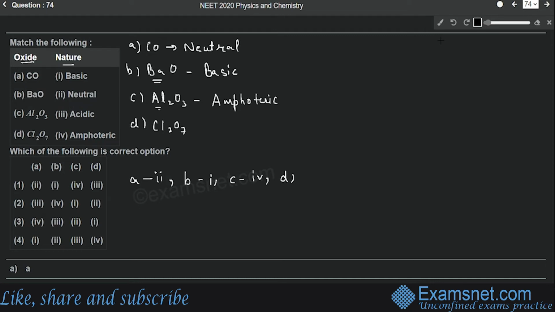Chlorine is a non-metal, so this oxide is acidic in nature. That means the match for D will be number 3. So out of the given options, which one will be correct? Number 1 will be the correct match. So here A will be the correct answer.